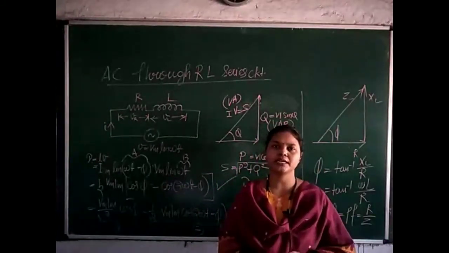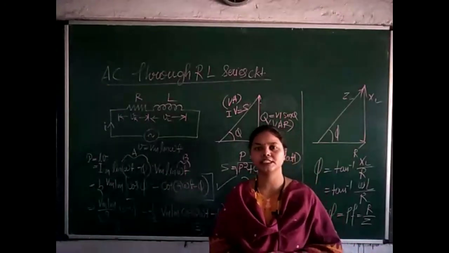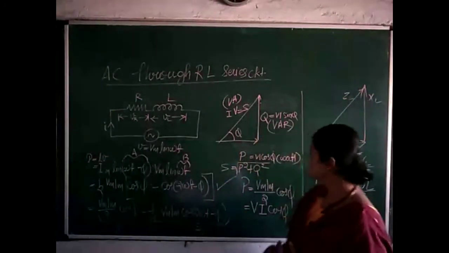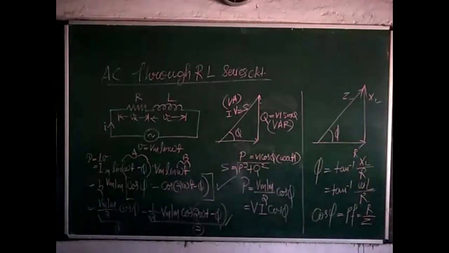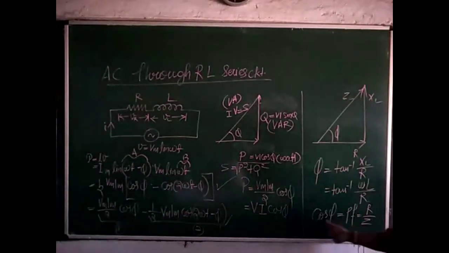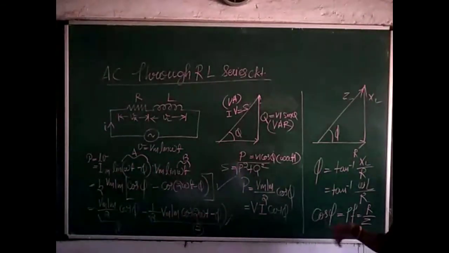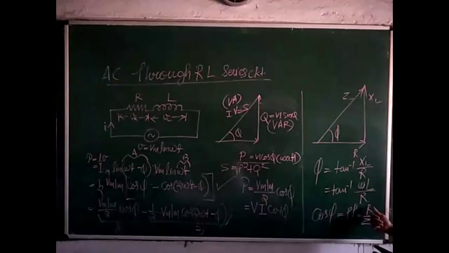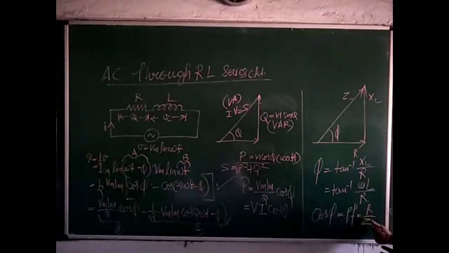From the voltage triangle, you get that it is the cosine of the angle between voltage and current. From the impedance triangle, you have learned that cos phi or power factor is defined as the ratio between total resistance and total impedance of the circuit.